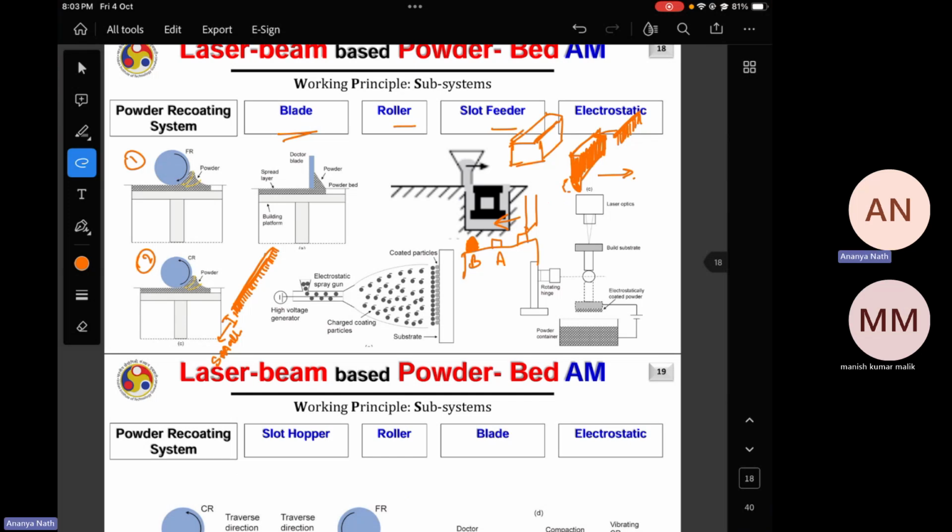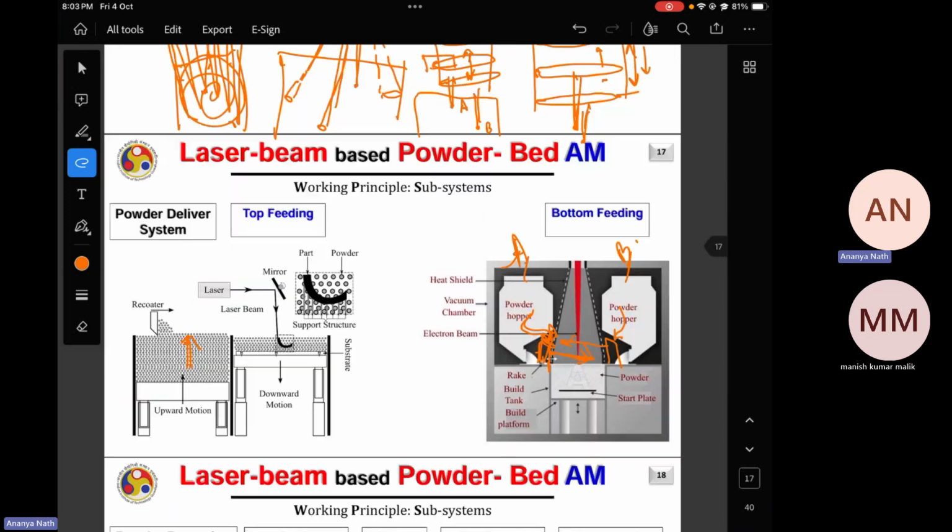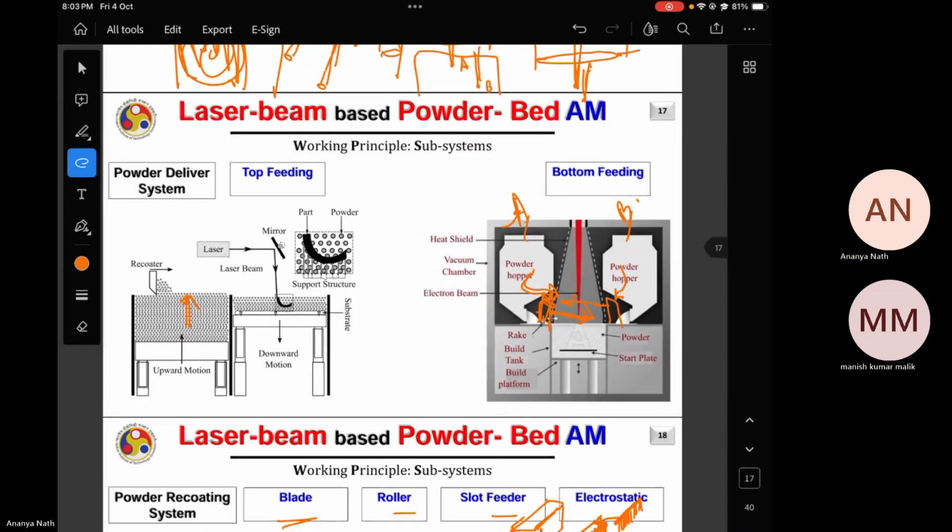Then we have the slot feeder. So the slot feeder is useful for the case when you are supplying the powder with the powder hopper; you have to have a slot feeder. Means your blade will have a very tiny slot in it.